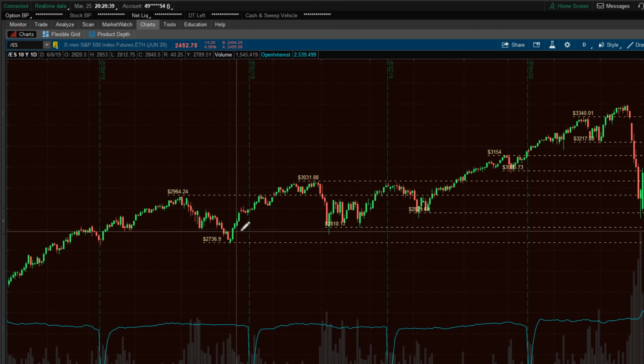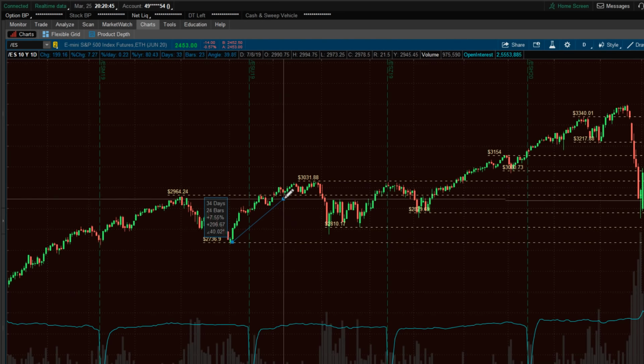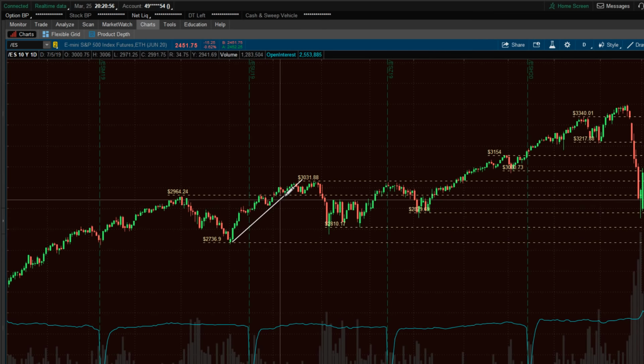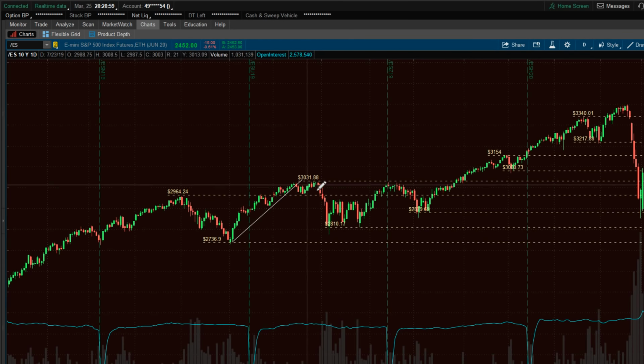So when we're in an upward trend, I want to draw my trend lines at least connecting 2 points of support with our trend line. So we got 1, 2, 3 on this one before we get the break.